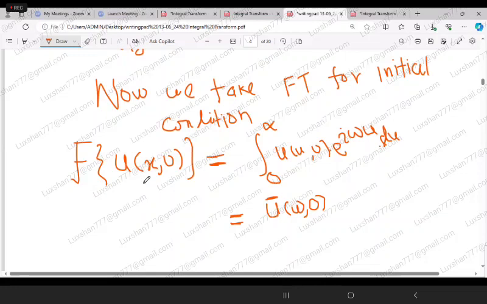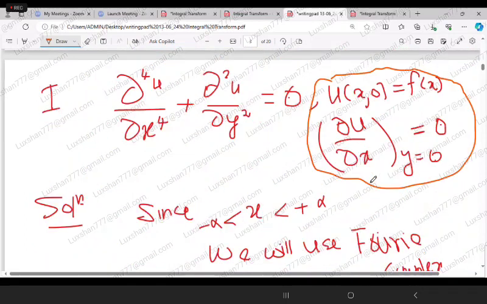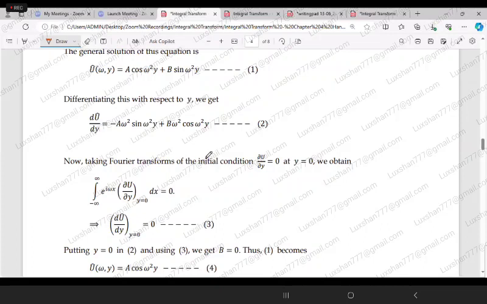So look here, the Fourier transform of u x comma 0 is the same as this one. But what is the Fourier transform of u x comma 0 actually? What are we given? It is f x. Wait a minute, I'll show that. We are taking the derivative first.